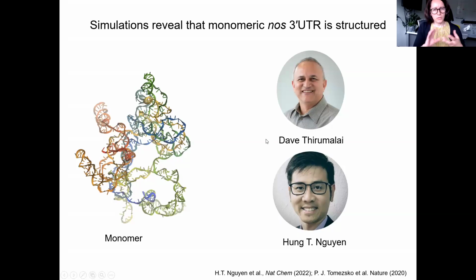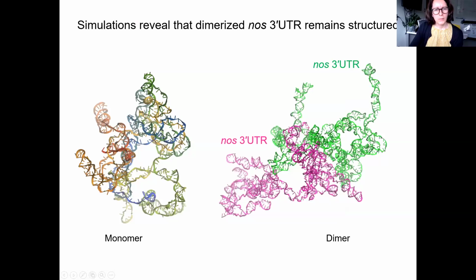And so they used simulations to predict how these RNAs are folding when monomeric and dimeric. And here I'm showing you a 3' UTR of nanos RNA. You can see that's very well structured. But surprisingly, this remains true when the two RNAs form a dimer. So one nanos 3' UTR and the other. So they're interacting, and yet they're still very, very structured.